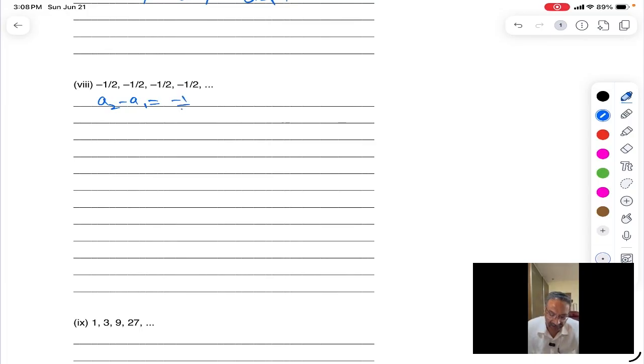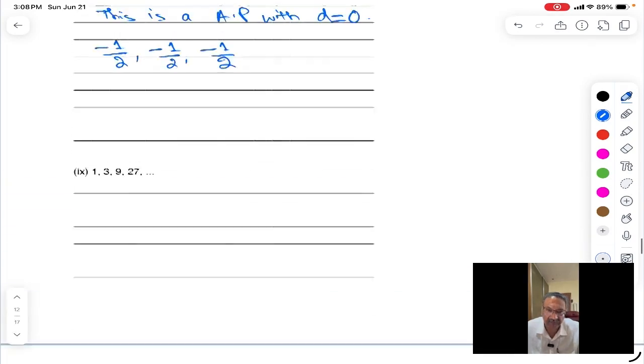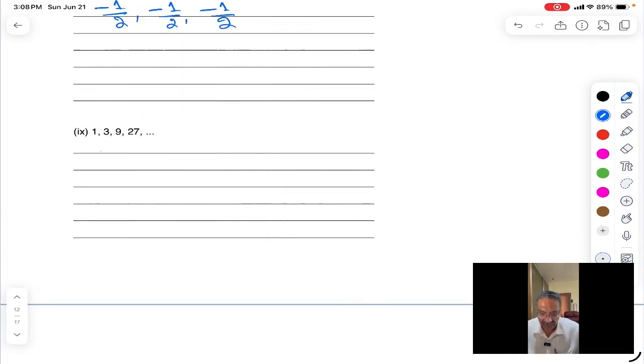So A2 minus A1 is equal to -1/2 minus of -1/2, which is equal to 0. A3 minus A2 is -1/2 minus of -1/2, which is equal to 0. So this is an arithmetic progression with common difference d equal to 0. Next 3 terms, what will they be? All terms are -1/2, so the next 3 terms are also -1/2.